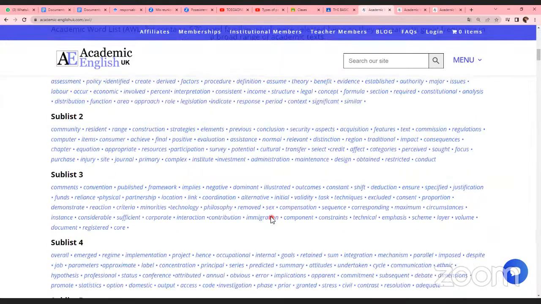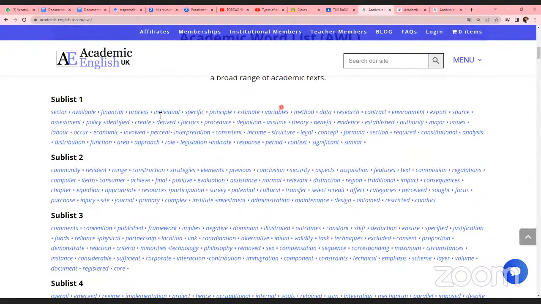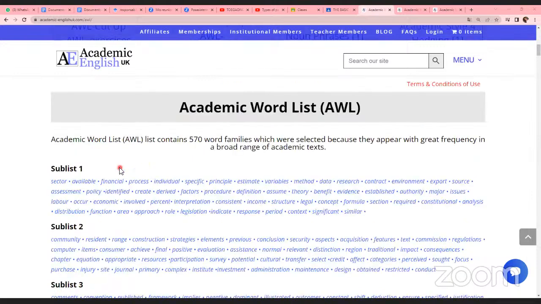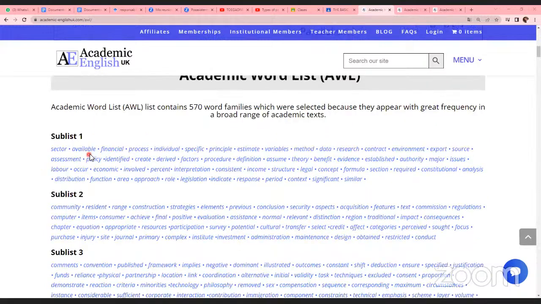All right. So this is a family, right? And they appear with great frequency in a broad range of academic texts. Sector, available, financial, process, individual, specific, principle, estimate, variables, method.